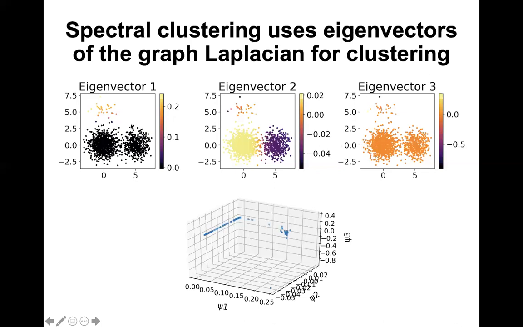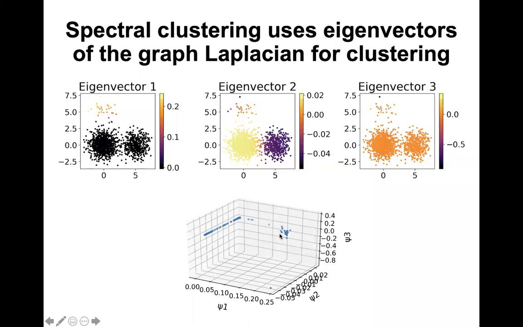And what I hope you can see here is that eigenvector 1 really well separates this small cluster from the rest of them. Eigenvector 2 has really high values in this cluster and low values in this one, and sort of middle ones here and here. And the third one really just isolates this point.